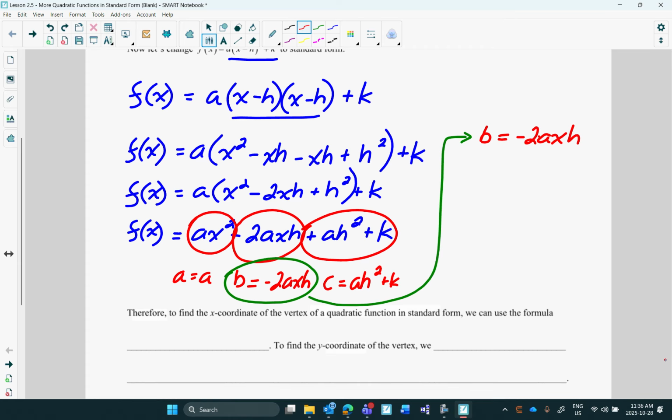B is equal to, that's where I make a mistake. We don't include the X. B is just equal to negative 2AH, pardon me. That should be just negative 2AH, because we don't include the X as part of B. So I need to fix this too.